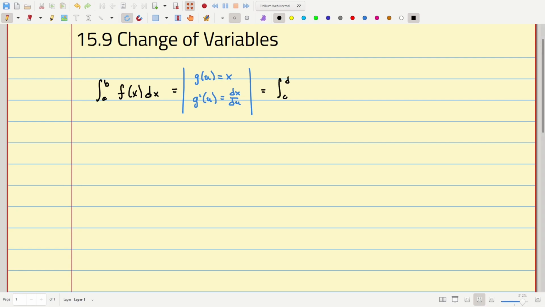I didn't write that down, but that's not the most important detail here. Okay. x gets replaced with g(u), and dx gets replaced with g prime of u du after we rearrange this expression.